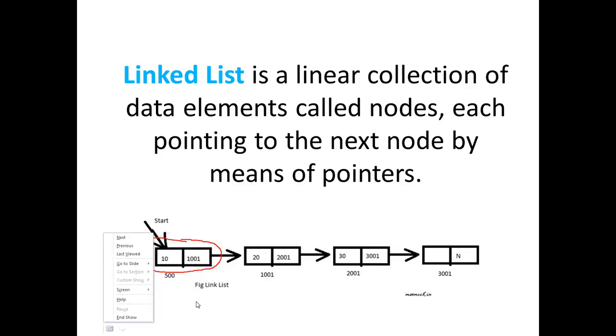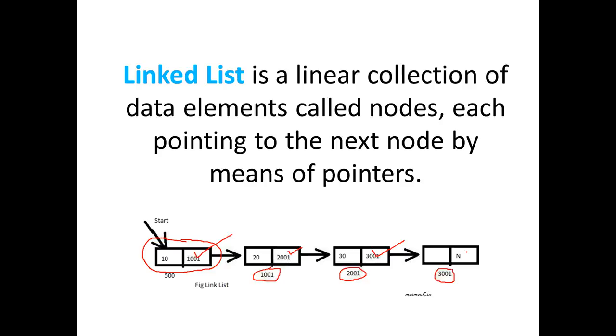The first node is pointing to the second node by using a pointer, meaning it is storing the address of the second node, and the second node is storing the address of the third node, the third is storing the address of the fourth node, and at the fourth node the list ends. Hence it is storing null instead of any address, meaning it is not pointing to any other node. That is indicated by a null pointer.